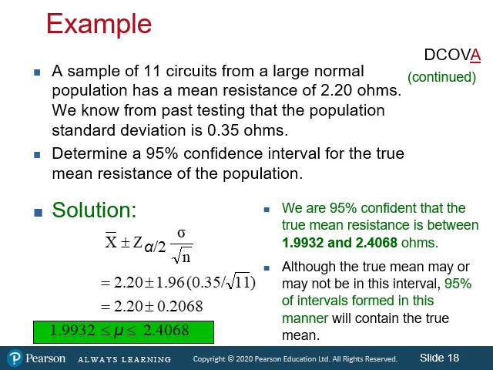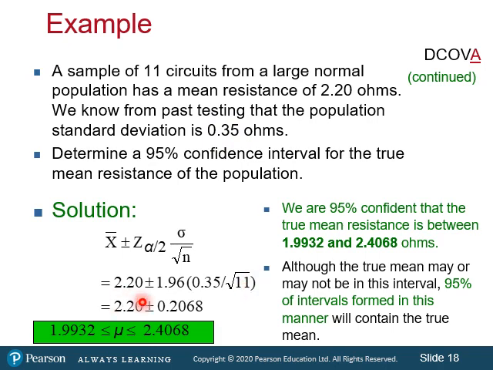To solve this kind of question, we will first write the formula, which is X bar plus minus Z alpha divided by 2 times sigma divided by square root of n. The X bar is given here, 2.20. The Z value for 95% confidence, we saw in the table before, is 1.96. The standard deviation is 0.35 and the n is 11.